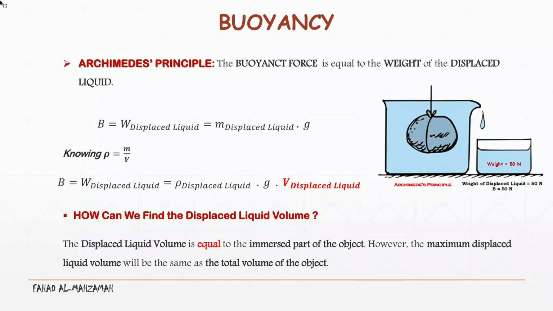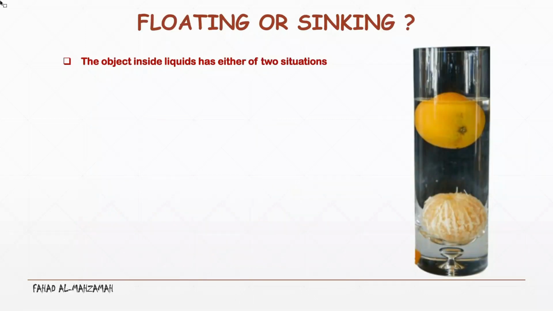Okay, now we understand that the object might have two situations. Is it floating or sinking? How to know that this object will float or will sink in water? So for example, this orange is floating, while this one is sinking inside the liquid. Now, how to understand these two points?